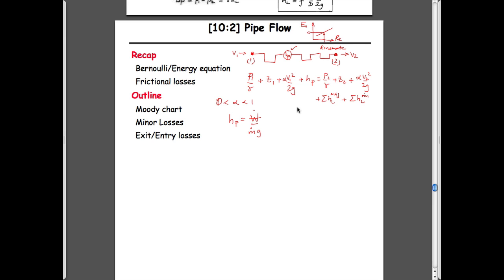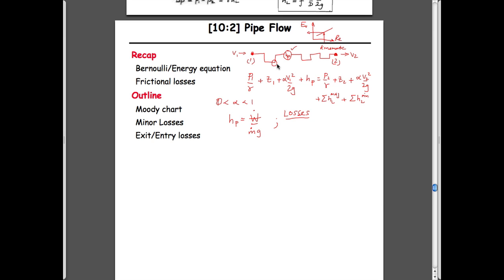And so we've defined all of the terms here except for these other two terms. And so the essence of pipe flow is to be able to figure out exactly what the magnitudes of these losses are. And so, surprisingly maybe, I've drawn this specifically with bends in it.